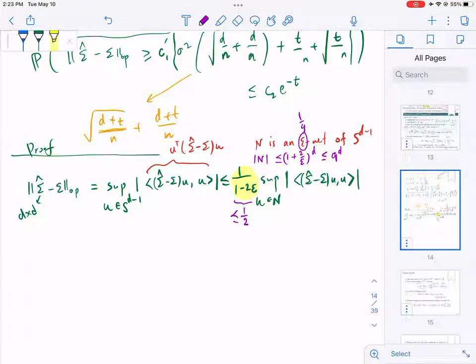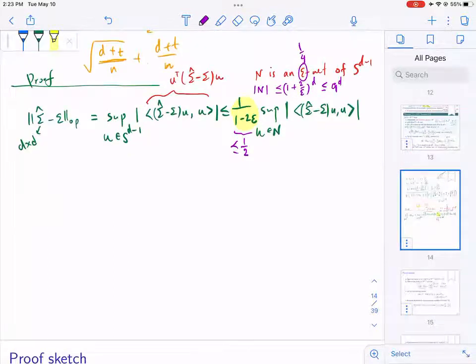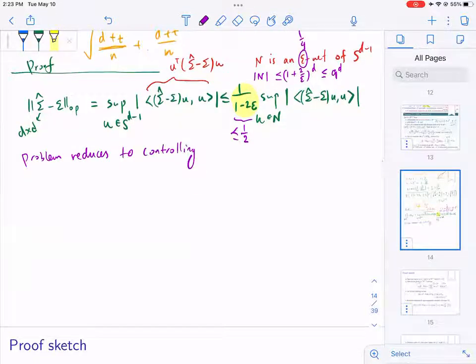Okay, so now I want to control. So the problem reduces to controlling something like the probability of the sup over u in N of u transpose sigma hat minus sigma u being bigger than t.